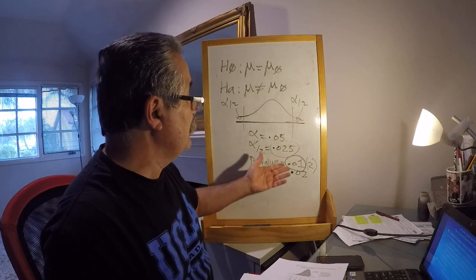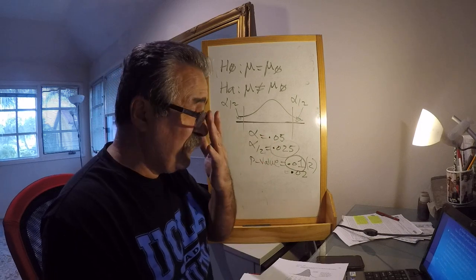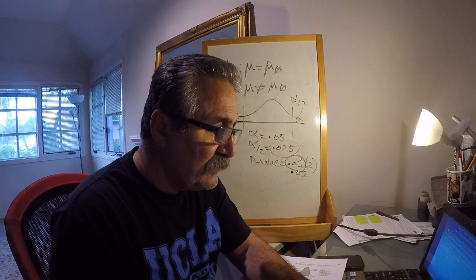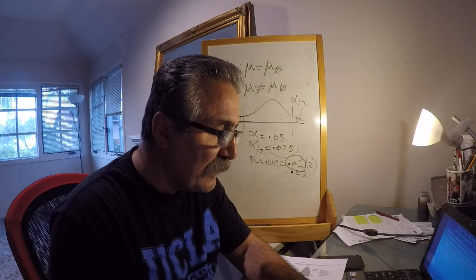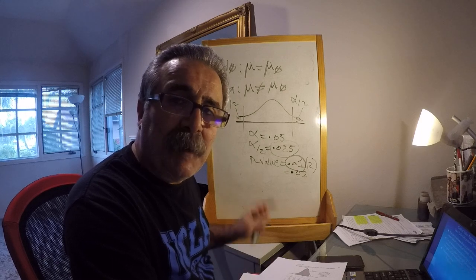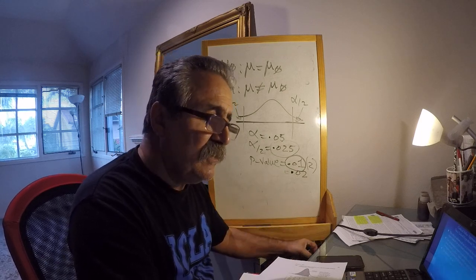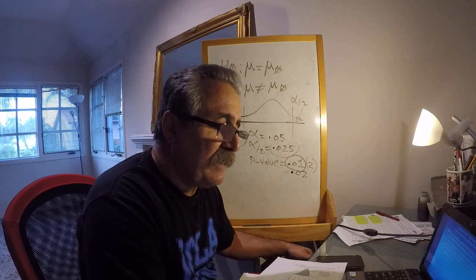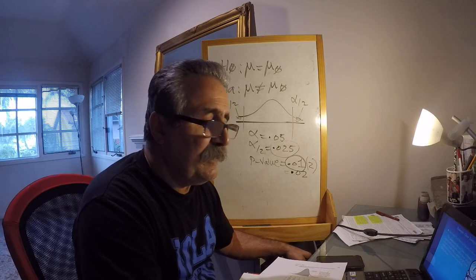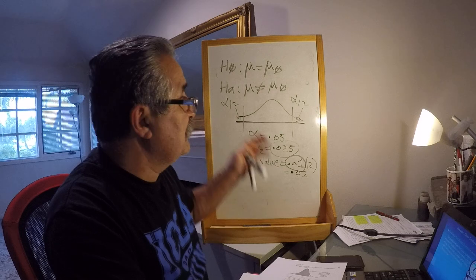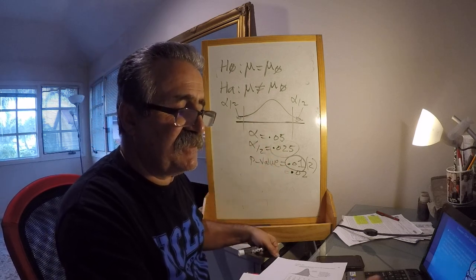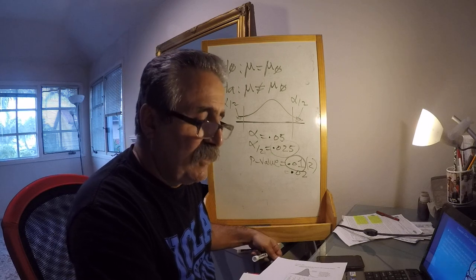But if you want to use it against the total value of the alpha, then you have to multiply that p-value by 2. And the same rejection rule applies for z-value and for p-value. They both are still the same for the two-tailed hypothesis testing and one-tailed hypothesis testing.